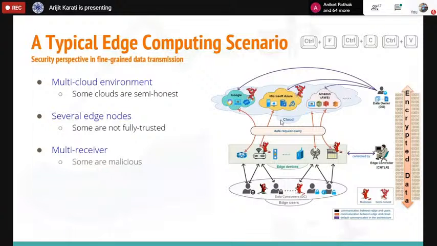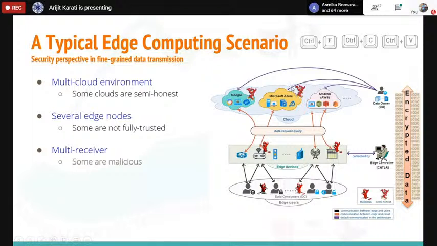Now, since we have many clouds, here we have taken some examples of different clouds. Here we can see different kinds of clouds like Google Cloud, Microsoft cloud, Amazon cloud.